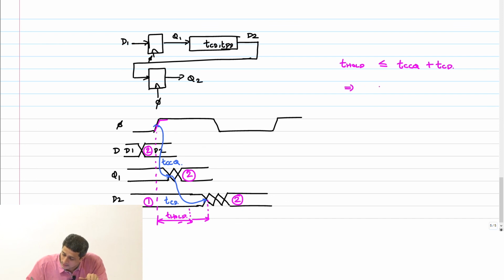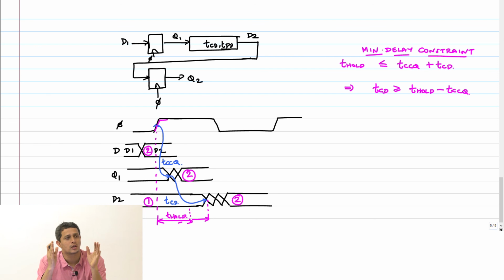It implies that T_CD should be greater than or equal to T_hold minus T_CCQ, correct? So this is called a min delay constraint.